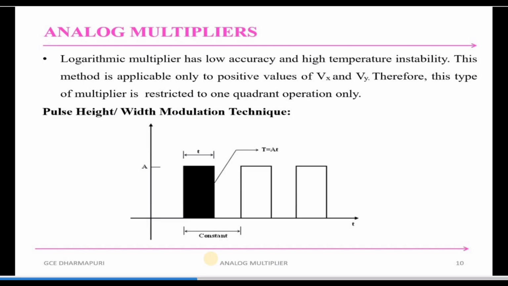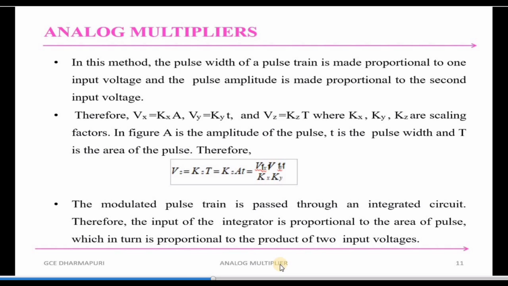The next one is the pulse height and width modulation technique. In this method, the pulse width of the pulse train is made proportional to one input signal, and the pulse amplitude is made proportional to the second input voltage. That is, Vx is equal to Kx into A, where A represents the amplitude of the signal, and Vy is equal to Ky into T, where T represents the pulse width.